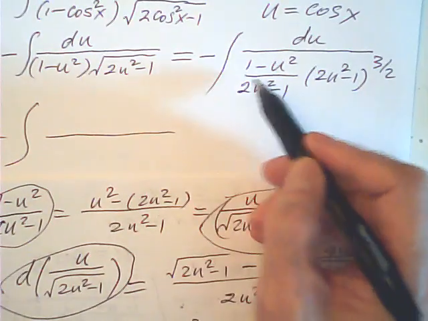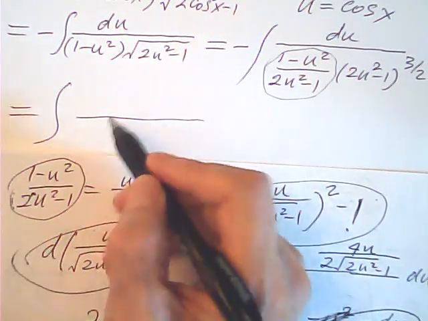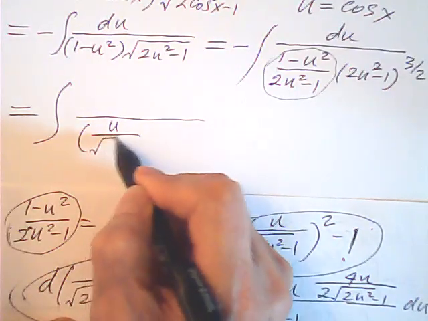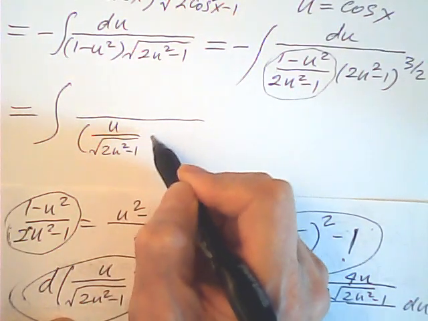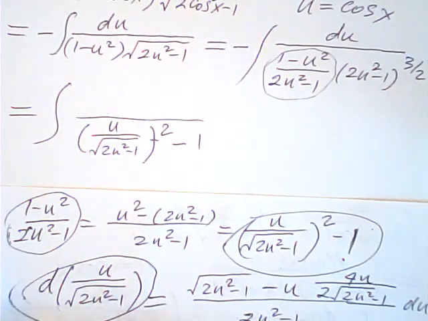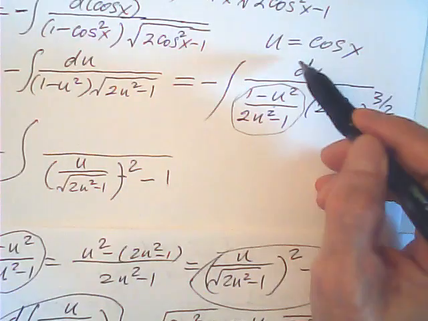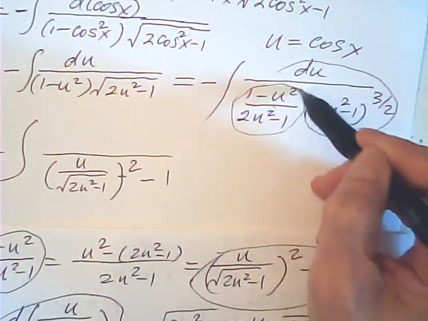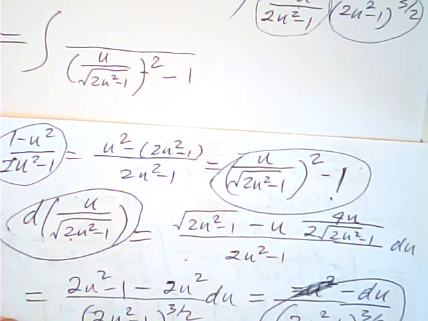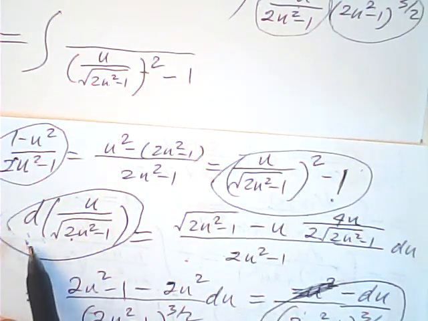So my integral changed. This becomes u over the square root of 2u squared minus 1, and this is a negative of this.